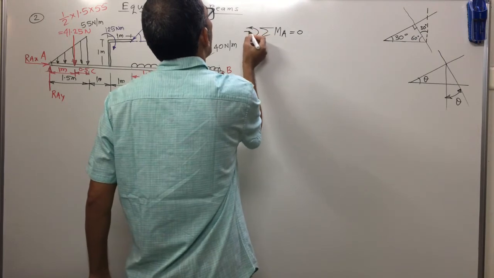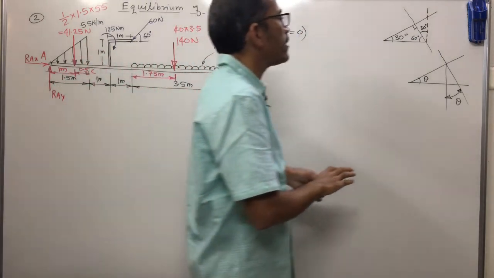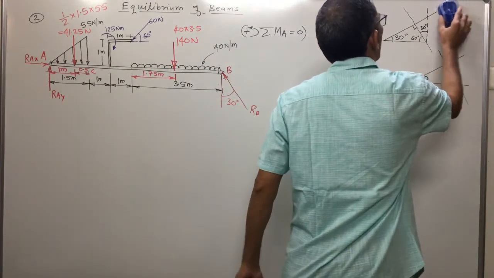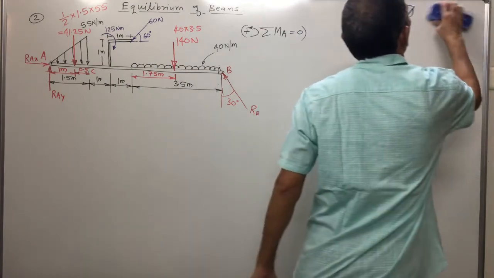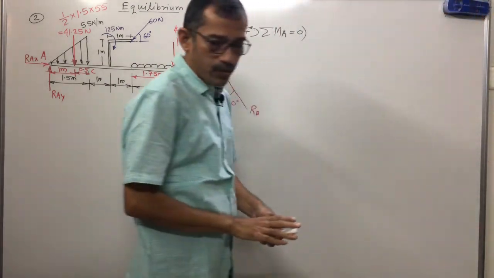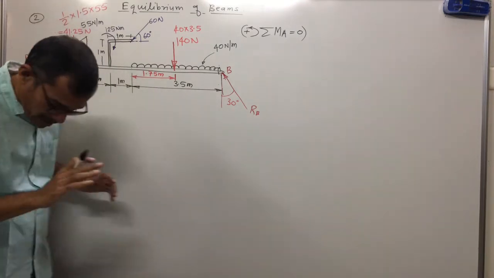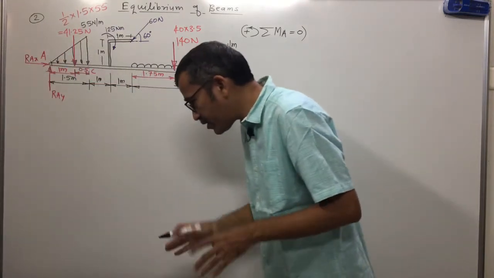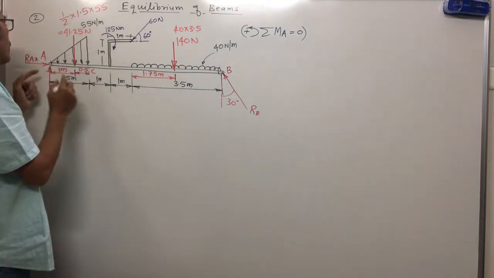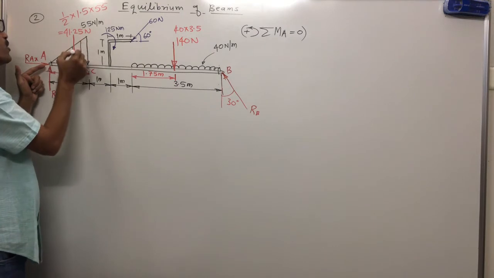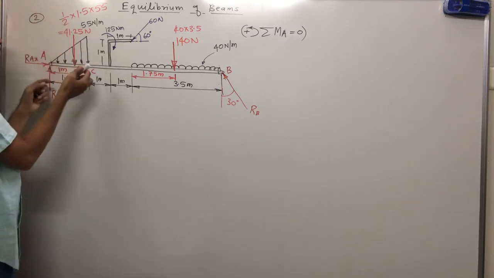For each force I'll explain how to take moment and I will write each term, because applying moment equation is very, very important. First, moment part. Sum of moments about point A. Now about point A, moment of 41.25, how will it come? Clockwise.